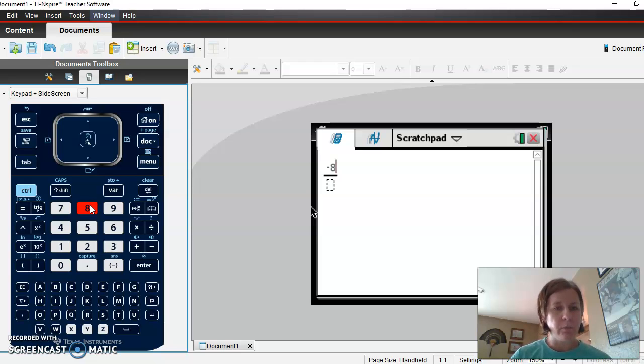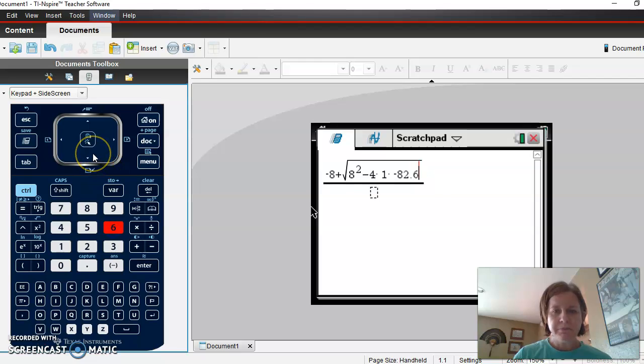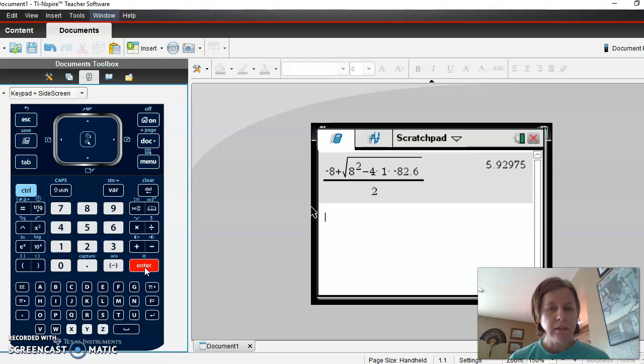I'm going to do -8 plus the square root of b squared, 8 squared minus 4 times 1 times -82.6. And then down at the bottom, we had over 2 times 1, so I'm just going to put 2. Okay, so if I hit enter, I get 5.93. See, so that was really easy.